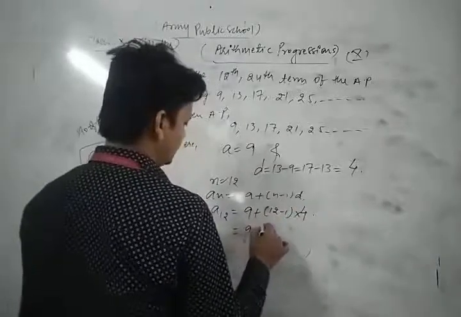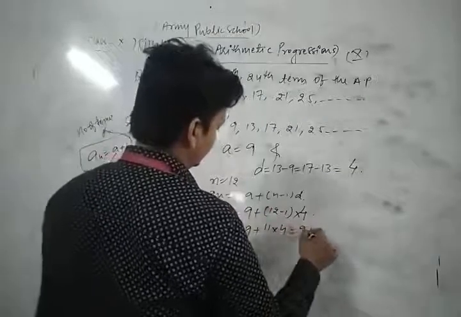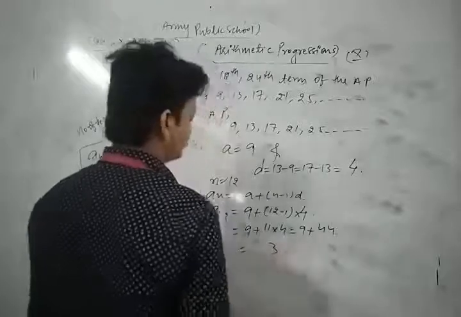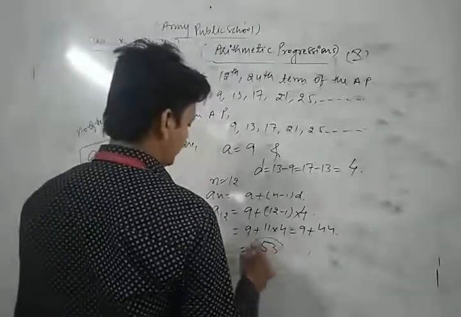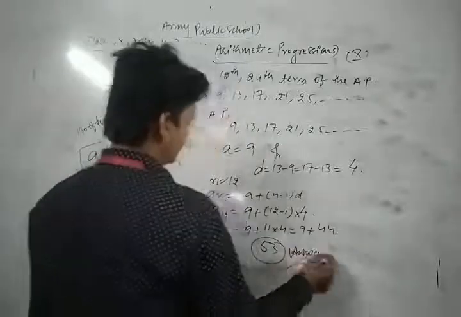We get 9 plus 11 into 4, that is 9 plus 44, which is 53. Thus the value of the 12th term is 53. This is the first answer.